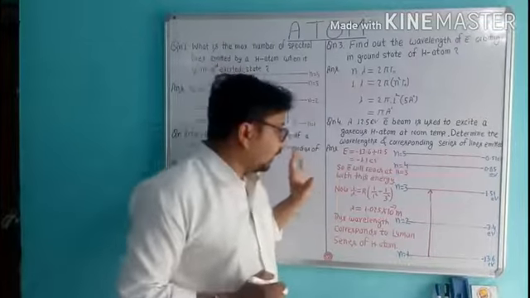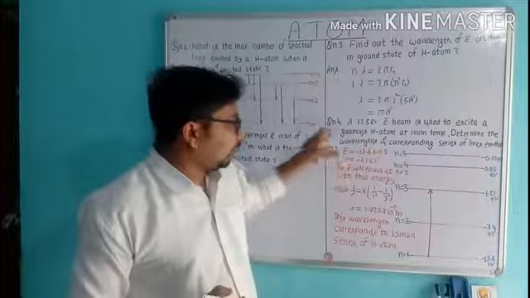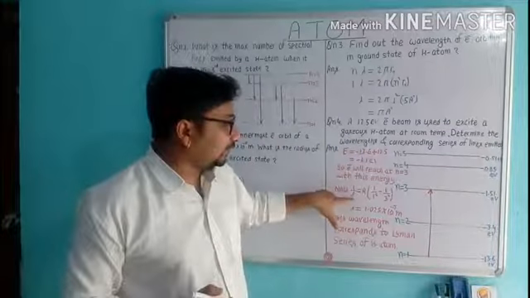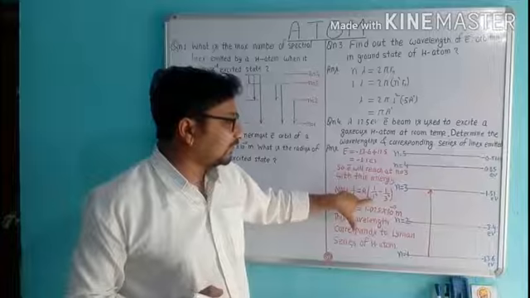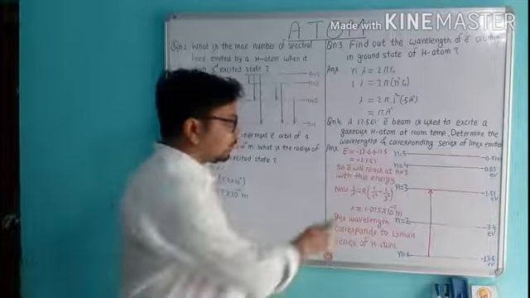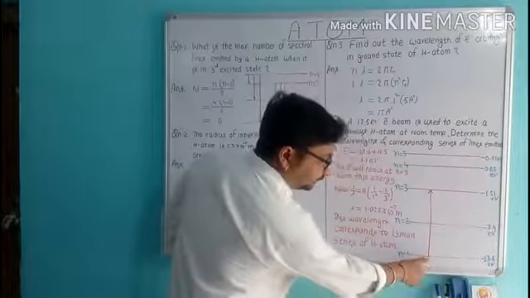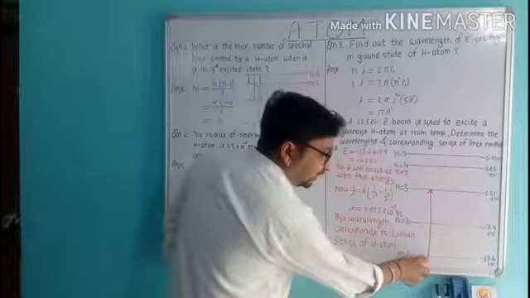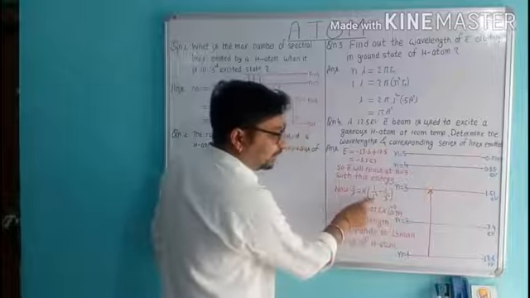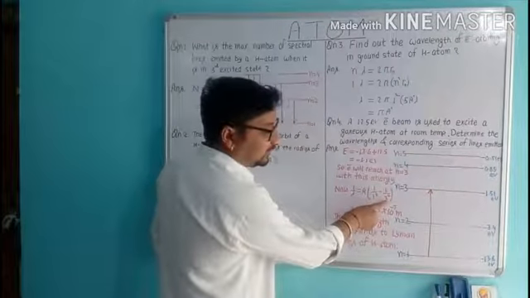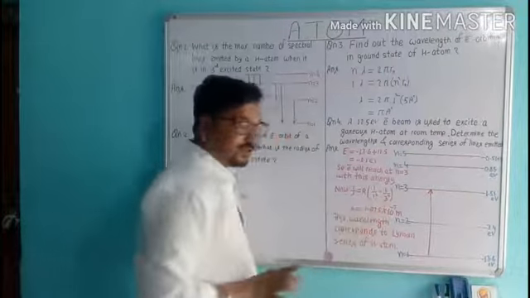Clear? Now, for the wavelength, we use this formula: 1 upon lambda is equal to R into (1 upon 1 square minus 1 upon 3 square). The hydrogen atom goes from the ground state, n is equal to 1, to the second excited state, n is equal to 3.